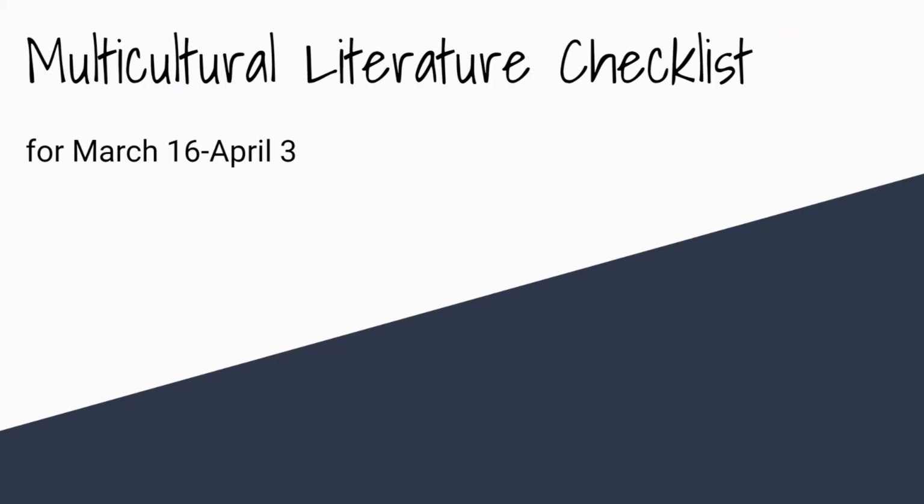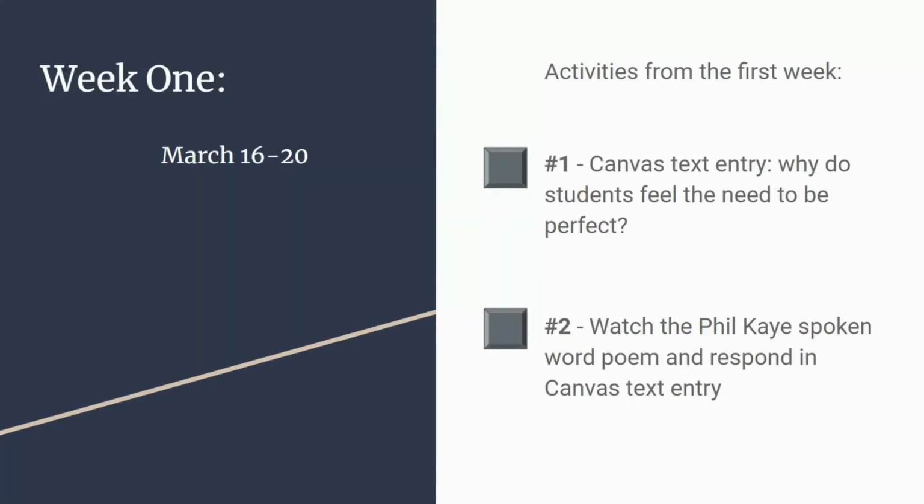I thought I'd make a little checklist for you guys just to make sure we're all on the same page still. All the way back to March 16th, which was the first day of our school from home, up to today. So this is for multicultural. For week 1, you had 2 activities. The first one was the Canvas text entry, and it was asking you, why do students feel the need to be perfect?